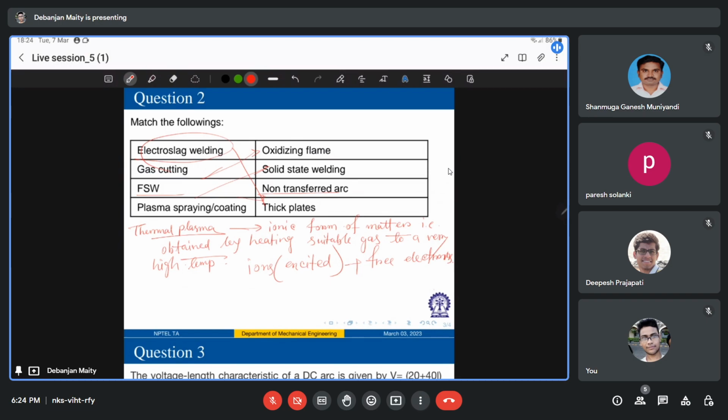And what happens? The localized temperature of plasma can reach, you cannot imagine, some 30,000 degrees C or even more. Such a high temperature can virtually melt and vaporize any kind of material, regardless of its physical state, right?